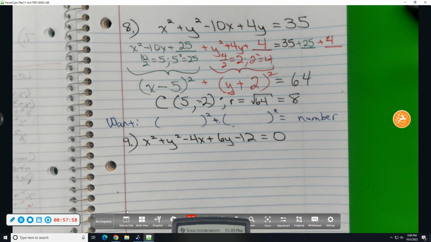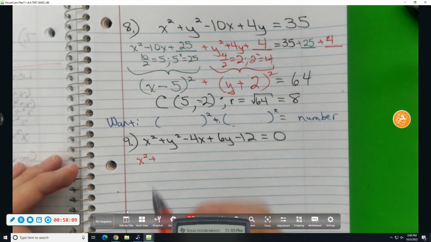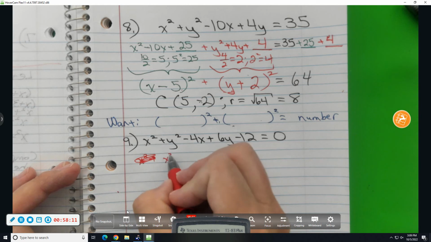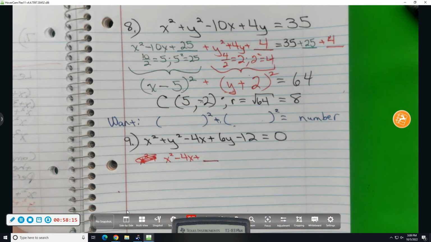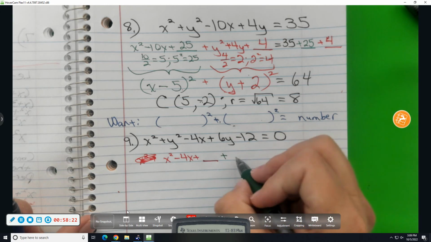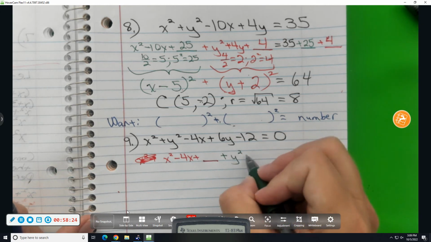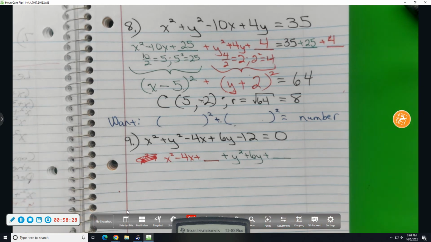Okay, well, first of all, collect the x terms together: x squared minus 4x plus, skip some space. And now the y terms: y squared plus 6y plus, skip some space.